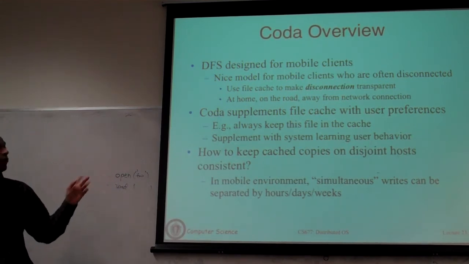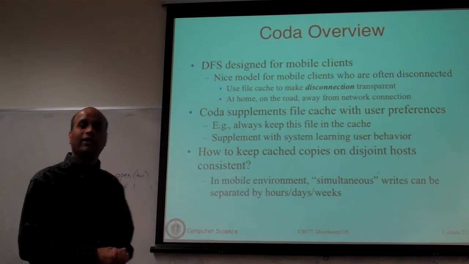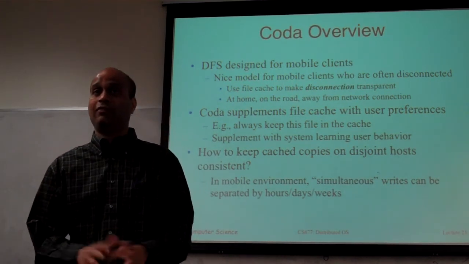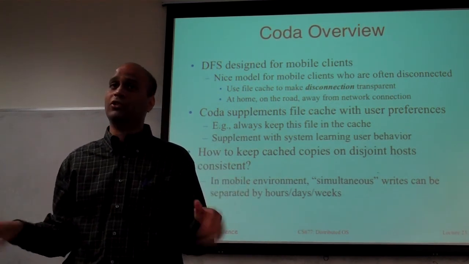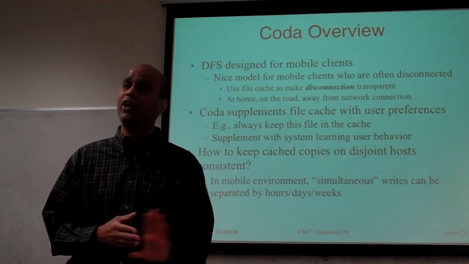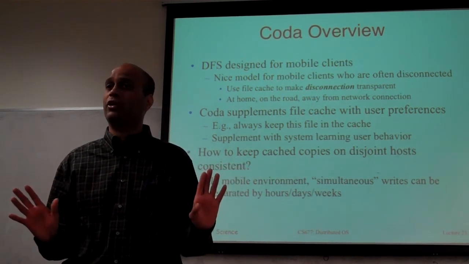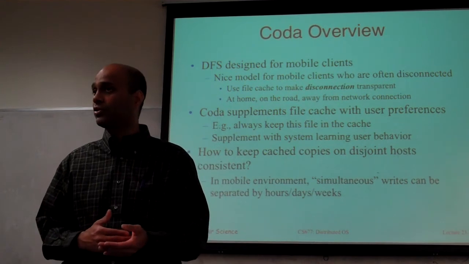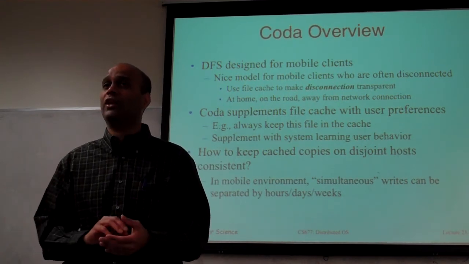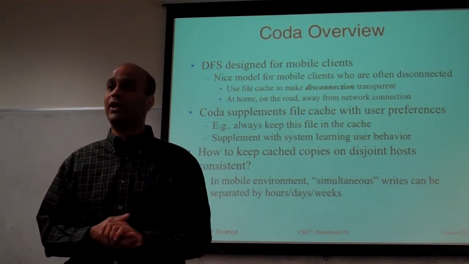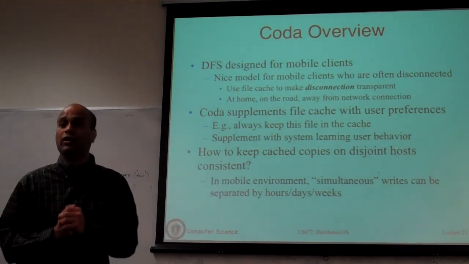But Coda at least is not as widely used a file system as NFS. NFS is very widely used. It's seen practically in every environment that has any Unix or Linux machines. Coda is used only in very selective cases, but it had some interesting ideas, and this is why we want to look at it.